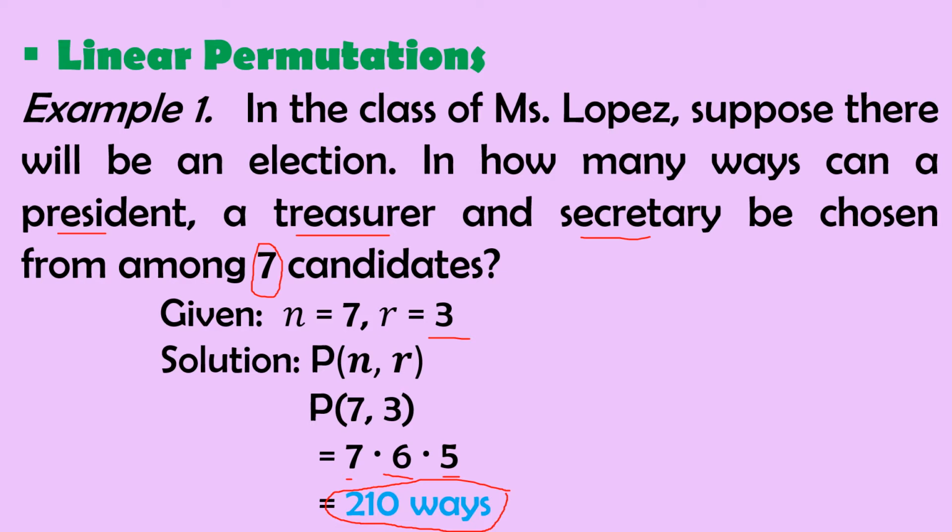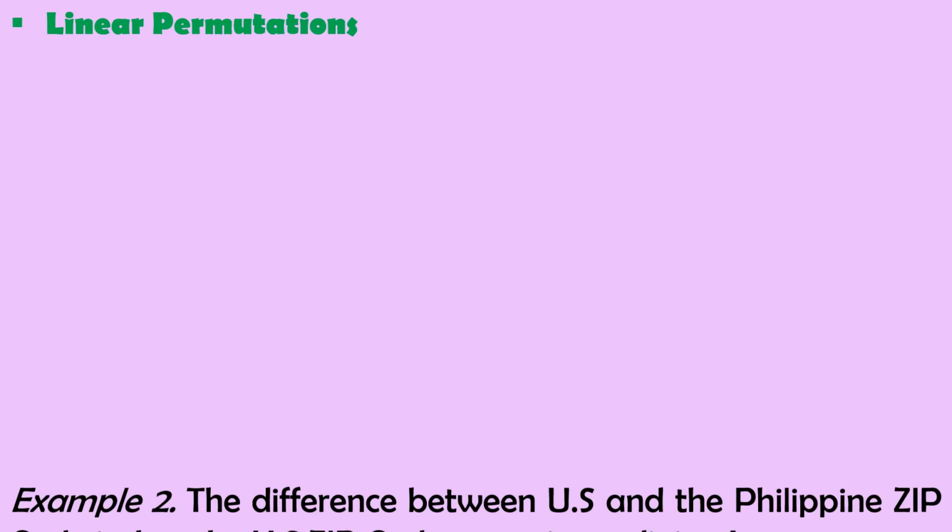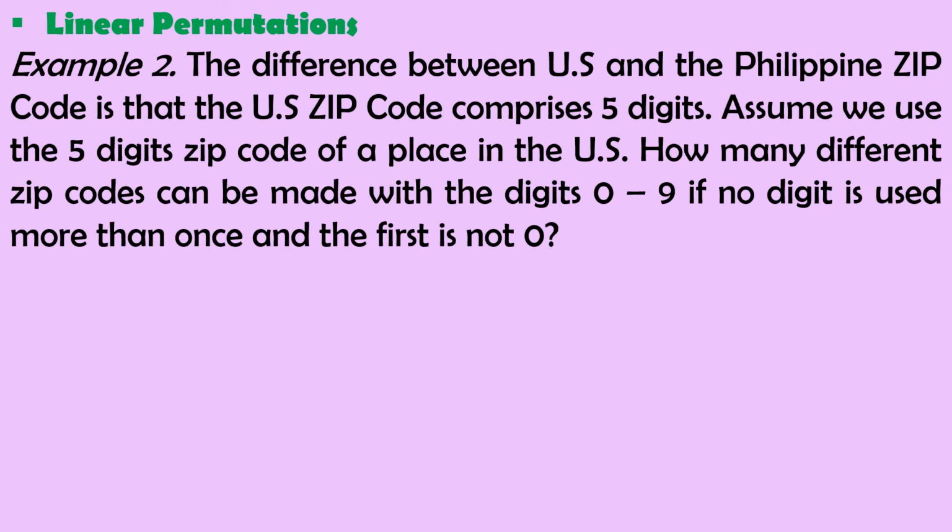Okay. Let us now move on to problem solving number 2. The difference between US and the Philippine zip code is that the US zip code comprises 5 digits. Assume we use the 5 digits zip code of a place in the US.